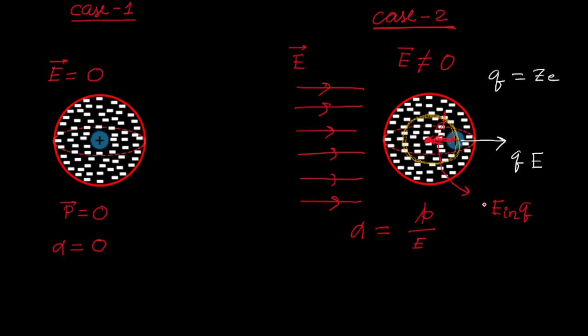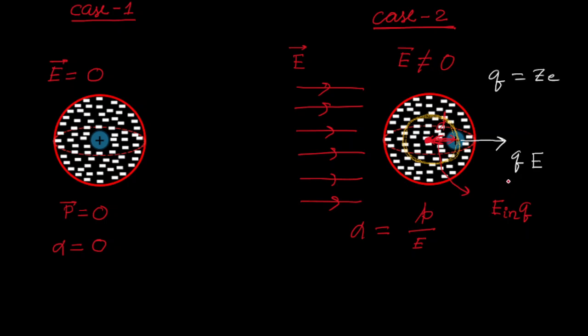These two forces are actually opposite to each other. So after some displacement these two forces will be equal, and because of that this positive charge will be at rest, and that will be the equilibrium position. To calculate this displacement we have to equate these two forces.